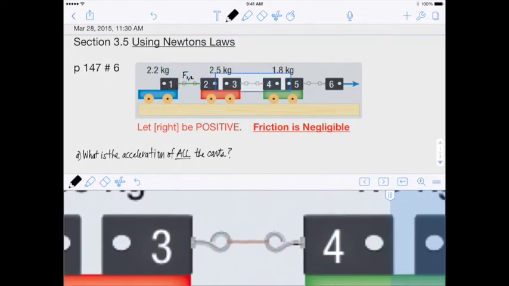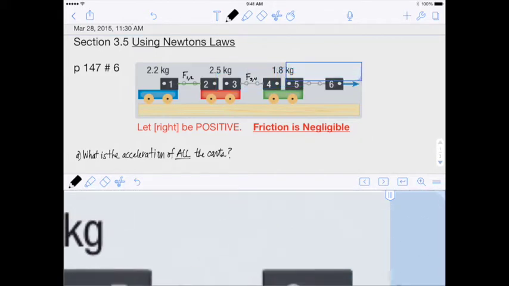Similarly, in between carts 2 and 3, we're going to represent the tension as the force of tension as read on sensors 3 and 4. And finally, in between force sensors 5 and 6, we're going to represent the force of tension as the force of tension as read on sensors 5 and 6.